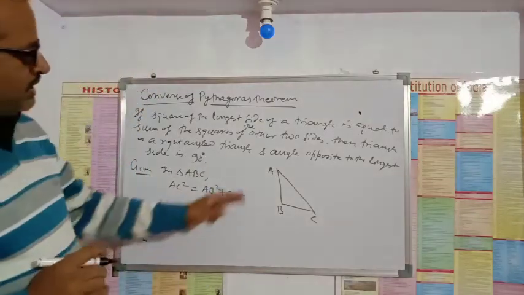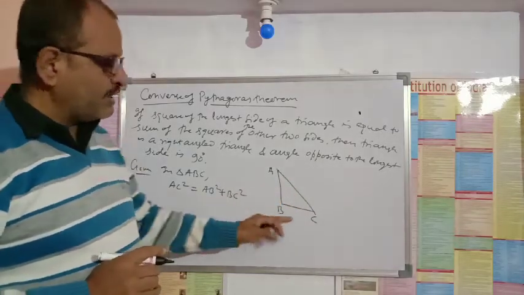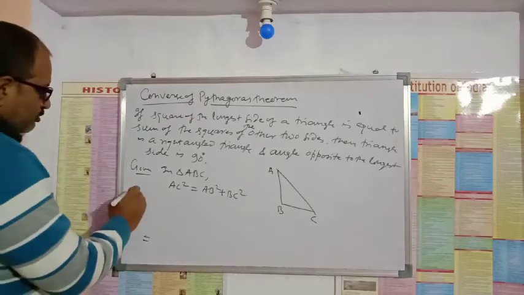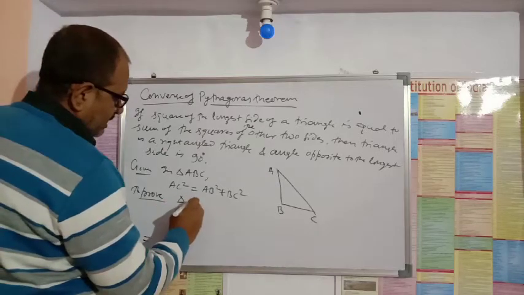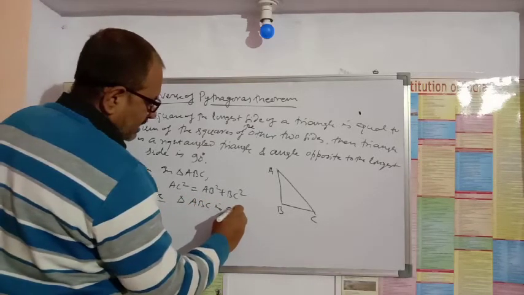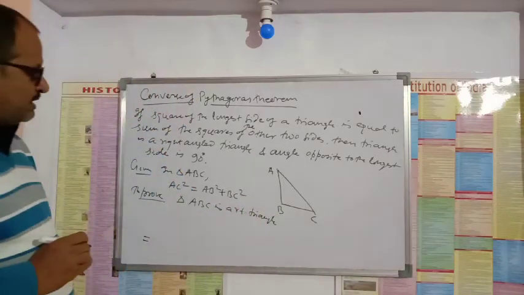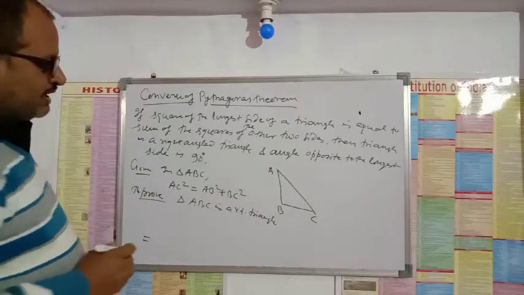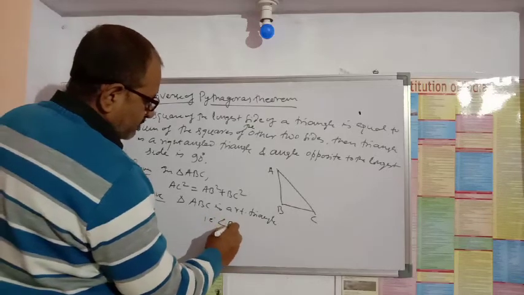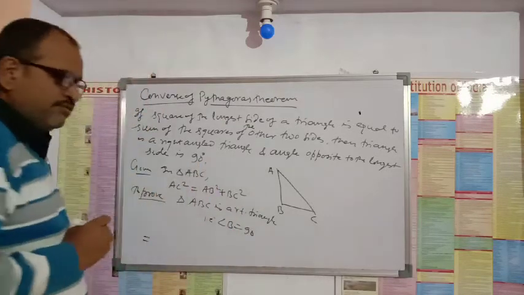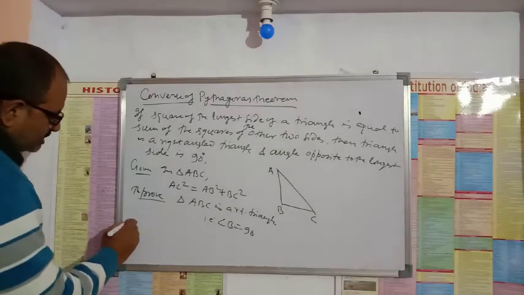It is given. We have to prove that triangle ABC is a right angle triangle, and the angle opposite AC, angle B, is equal to 90 degrees. We have to prove it. So we will do some construction.